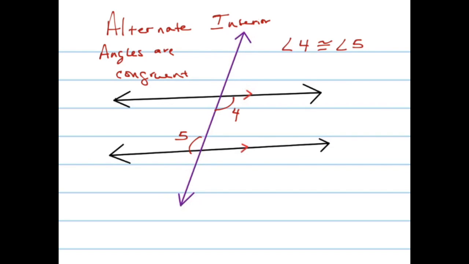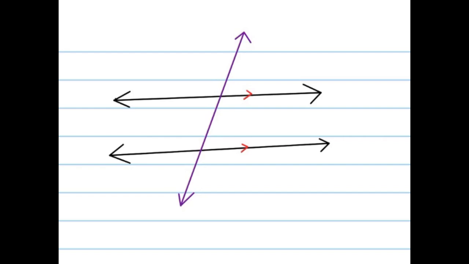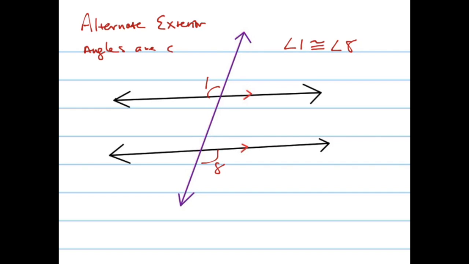It's a pretty simple proof to walk through. Now, we also could prove that alternate exterior angles are congruent. So we have corresponding angles are congruent, alternate interior angles are congruent, alternate exterior angles are congruent.